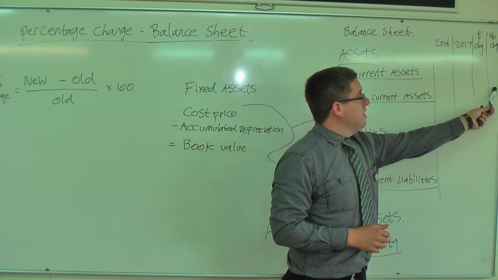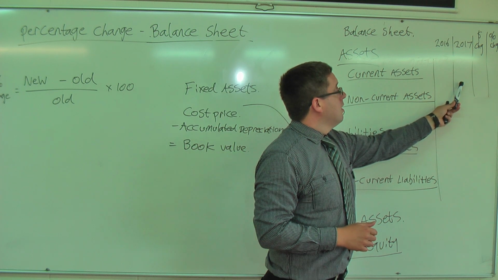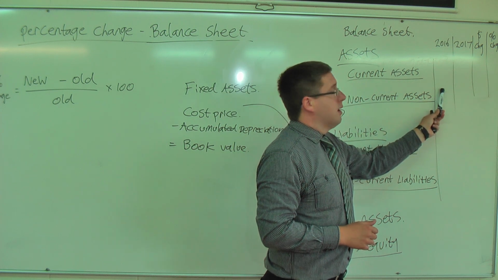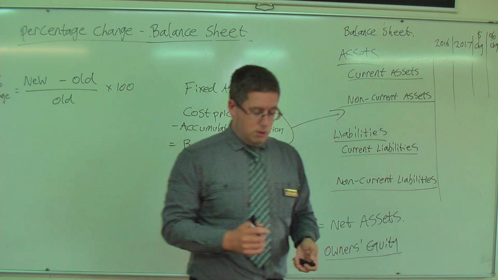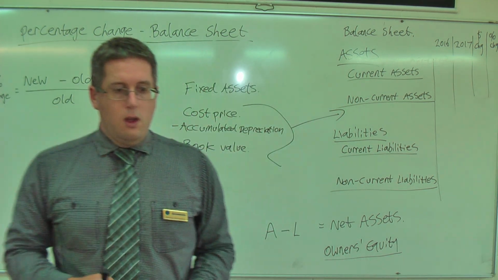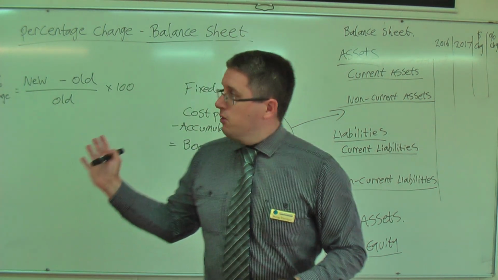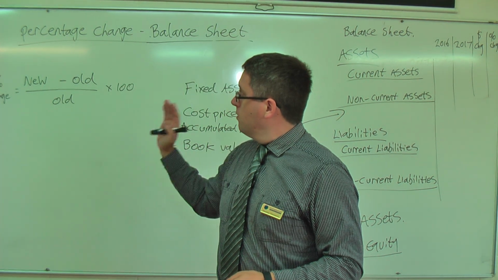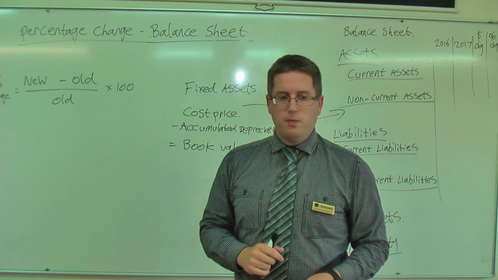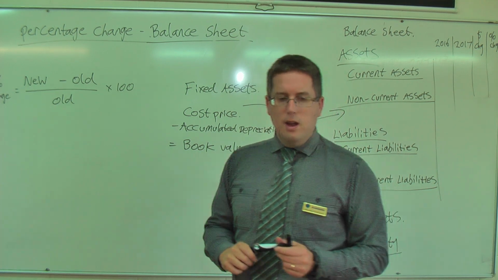And then finally the percentage change, which is the dollar change divided by 2016, the original figure. Using the percentage change formula, which I've got on the side here, new minus old divided by old times 100. Once you've done that, you can start to analyse.